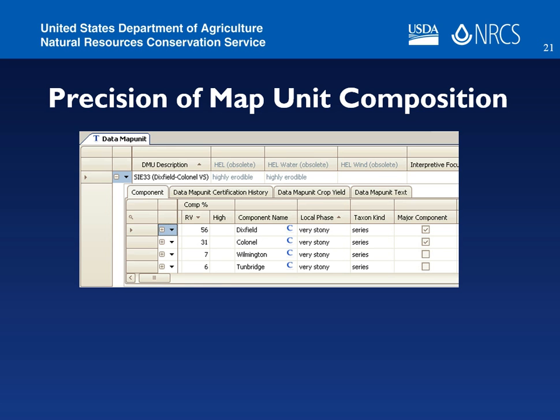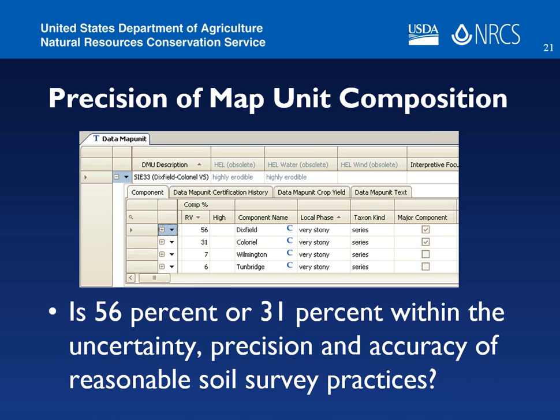Now then, let's take a look at mapping and composition. We've got an example here, and we've got 56% and we've got 31%. The 7 and the 6 I don't worry about too much. But let's put this in the relationship between uncertainty, precision, and accuracy.